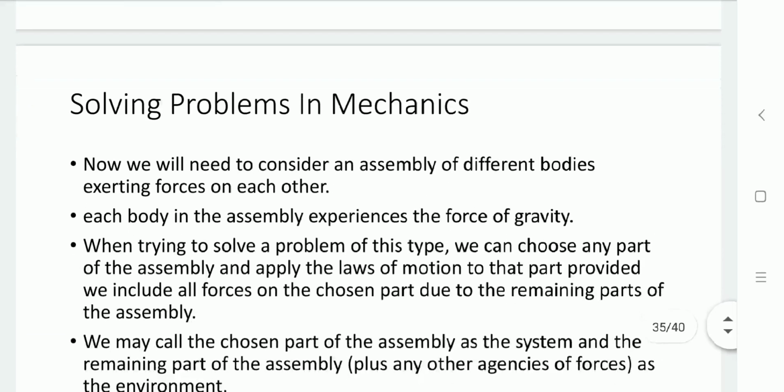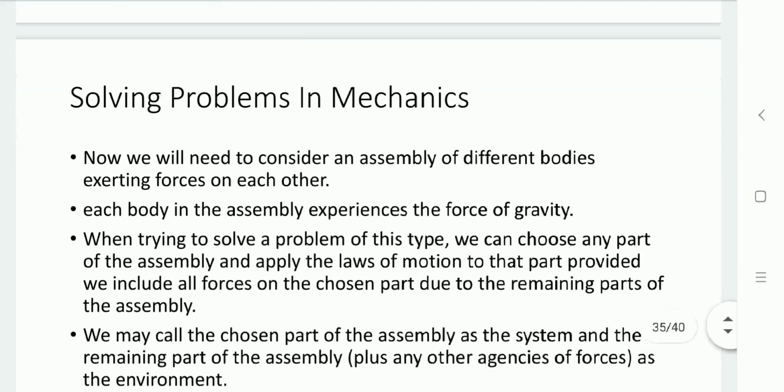Now let us go through another topic, solving problems in mechanics. In mechanics, a number of bodies are assembled to form a particular system. These different bodies, when assembled, generate forces on each other. Each body also experiences the force of gravity.